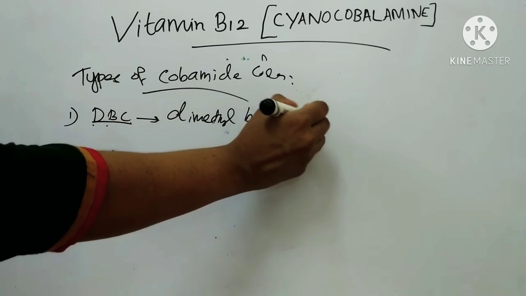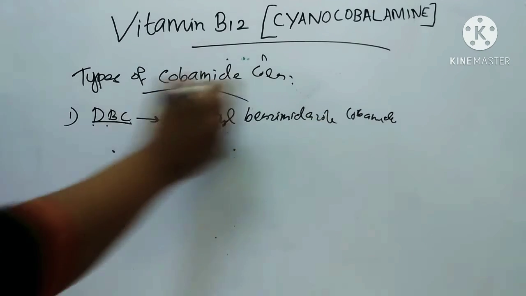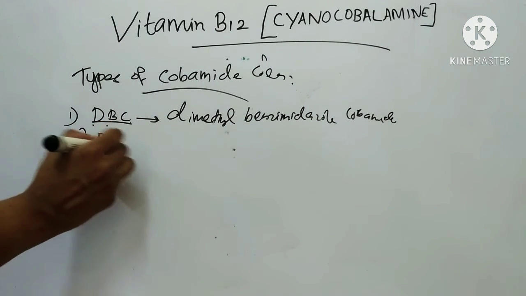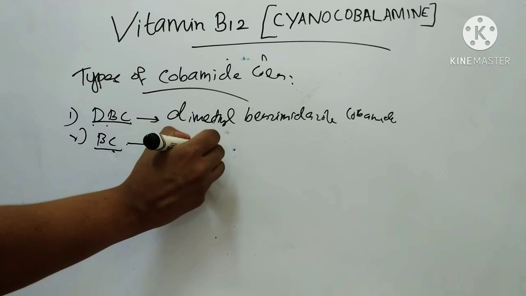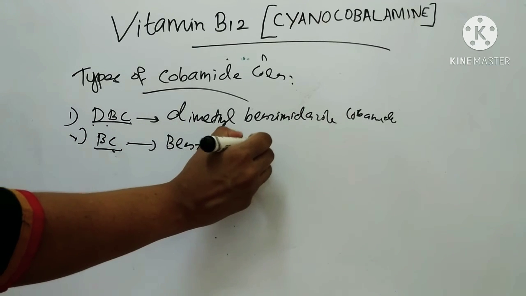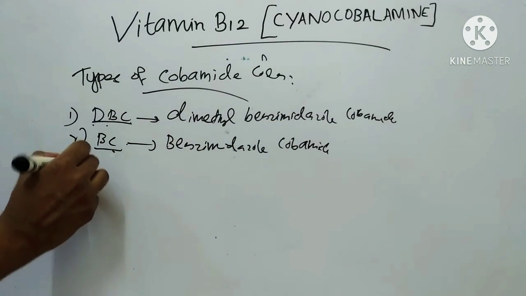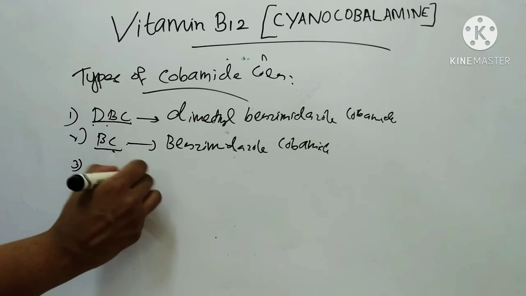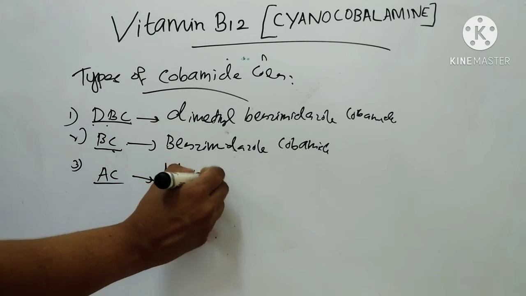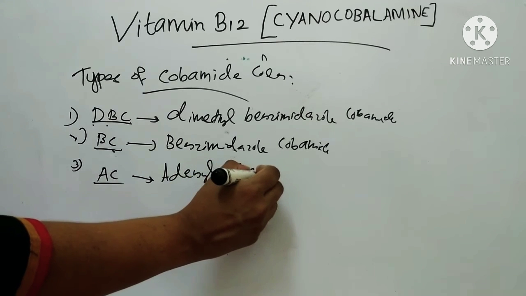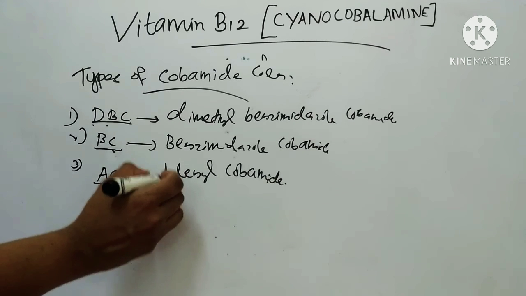Second one is BC, benzimidazole cobamide. Third one is AC, adenyl cobamide, which contains an adenyl group.